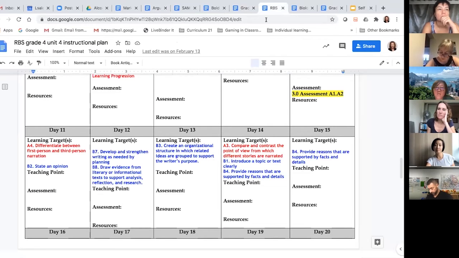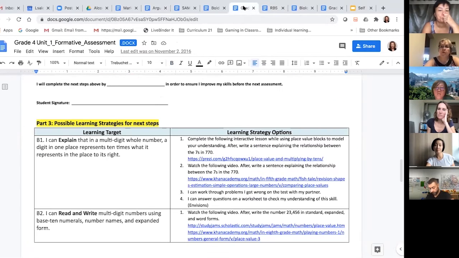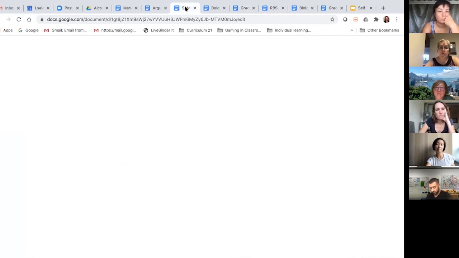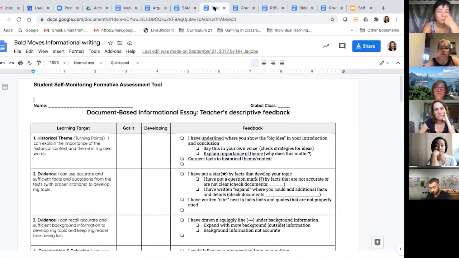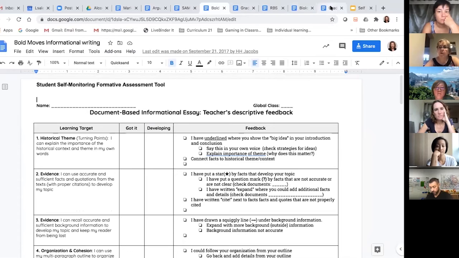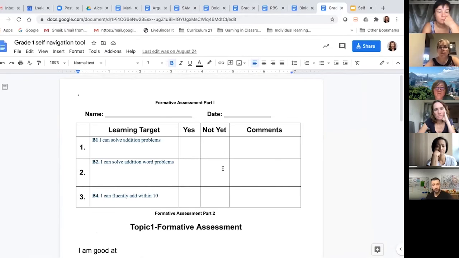That's a great question. Let me show you a grade 1 sample. Here's an example. This is for six-year-olds, seven-year-olds. And what you can see is there are really only a couple of learning targets.